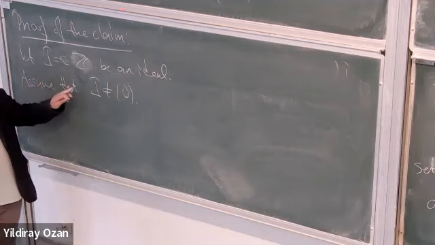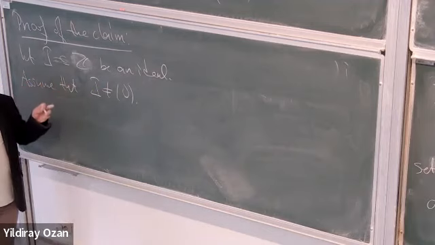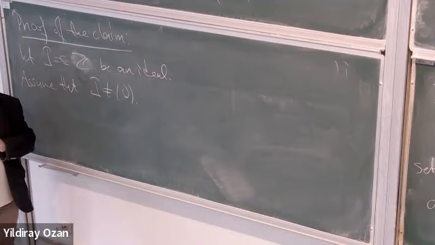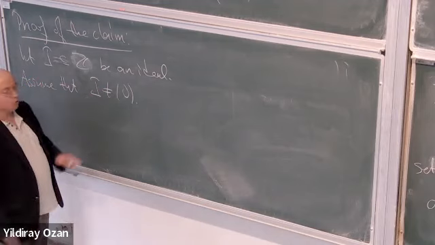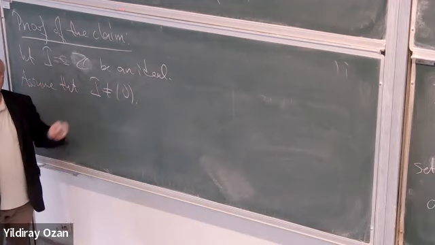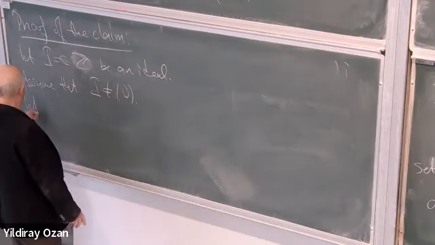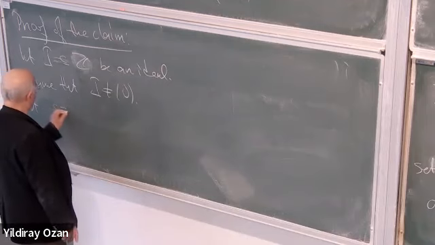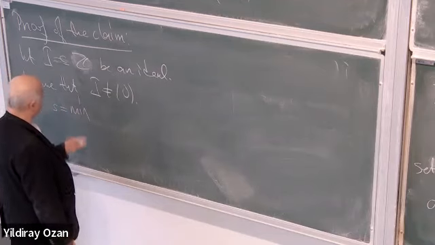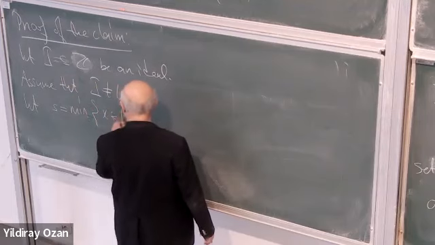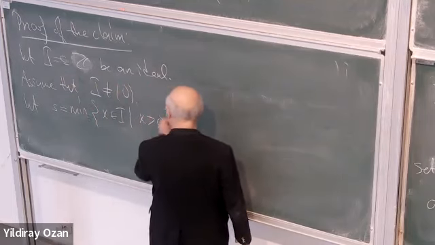If it has a negative element, then -1 times that element is a positive element. Therefore, a non-zero ideal always has positive elements. And what I will do is consider the smallest positive element in that ideal. So let S be the minimum of the set of all elements x in I such that x is positive.